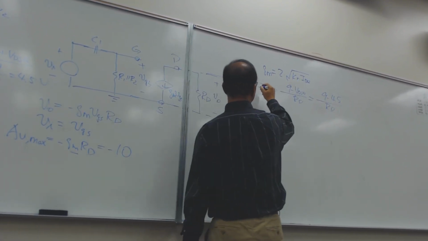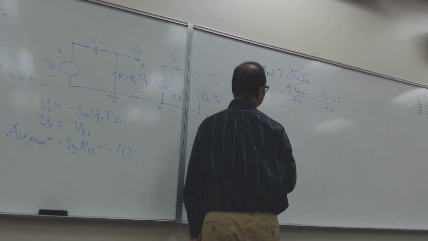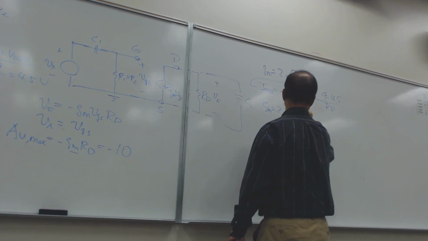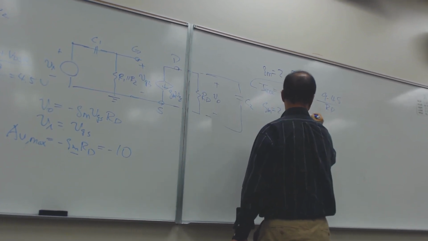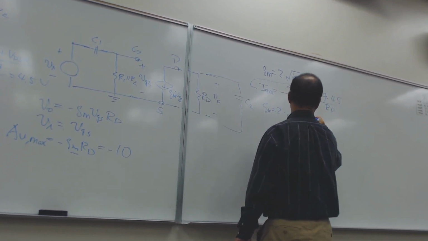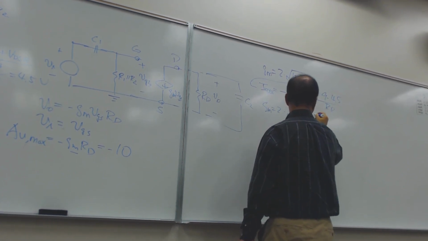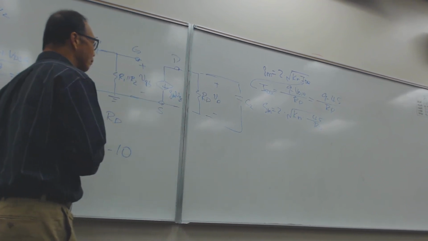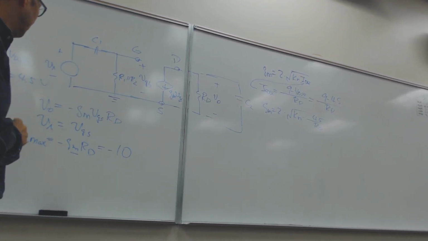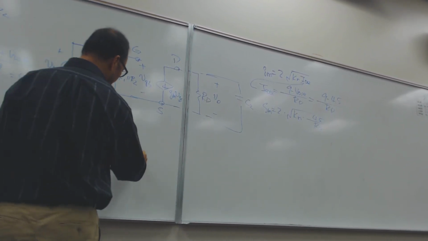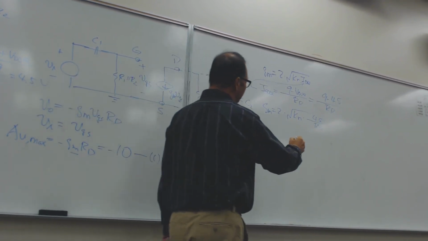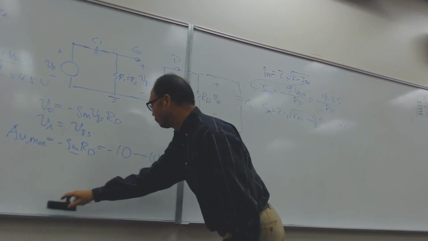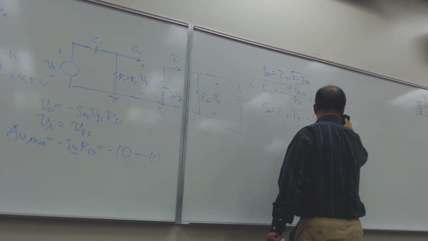Now if you put this here, you get gm equal to 2 times square root of Kn times 4.5 over R sub D. Let's call this equation 1. This is equation 2. It's a little tricky, I think.